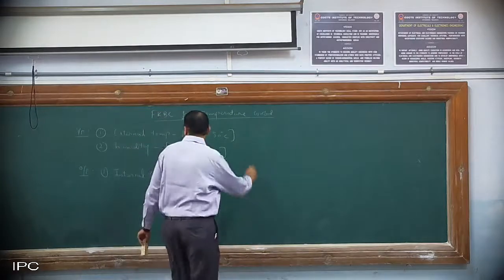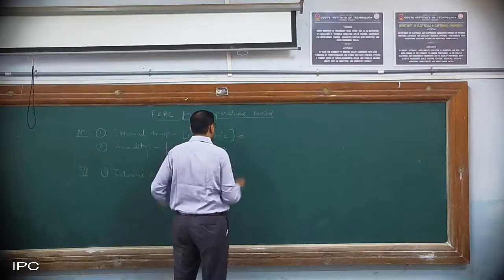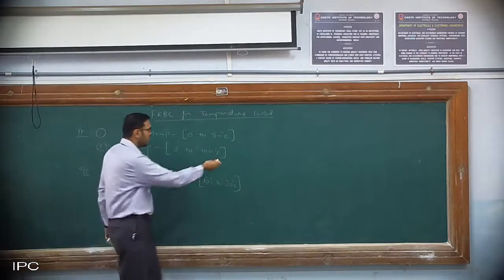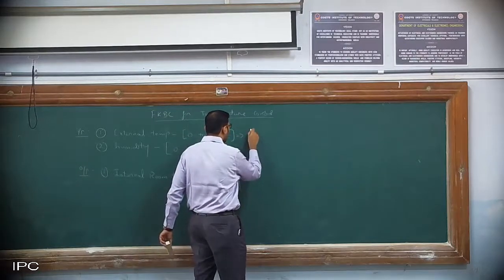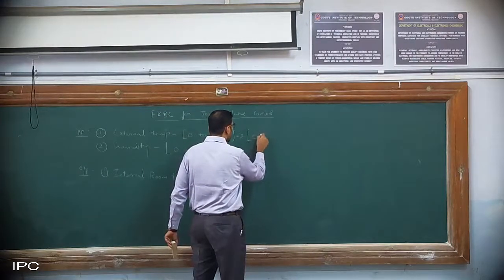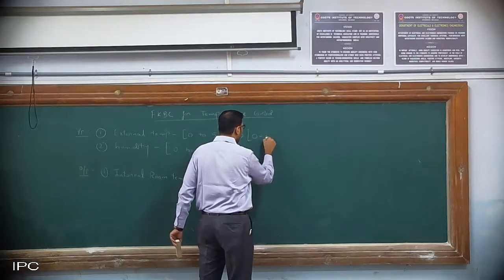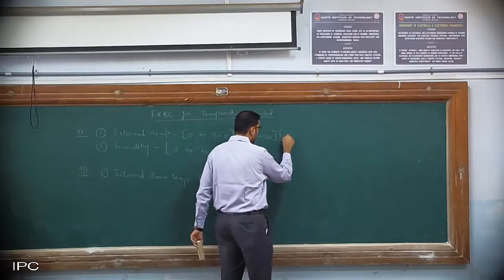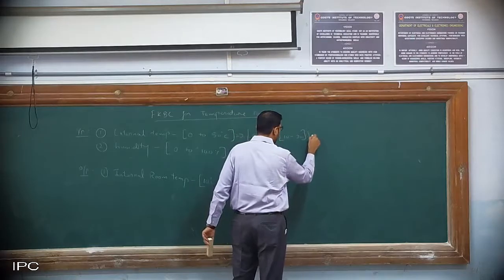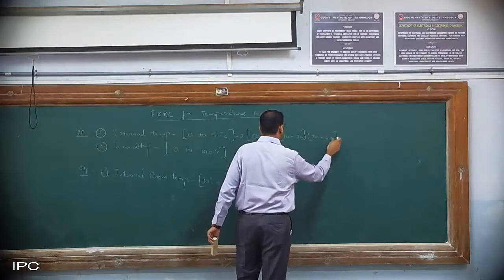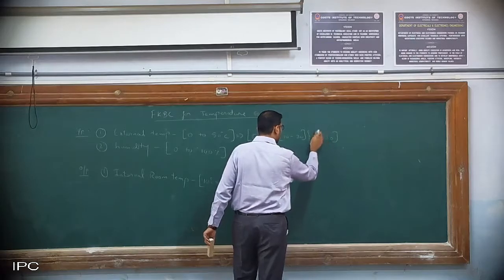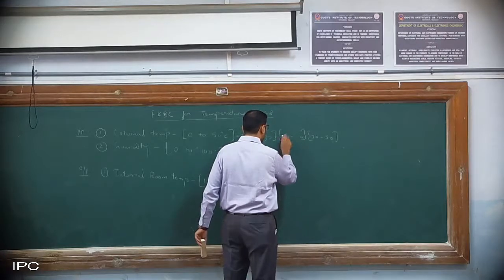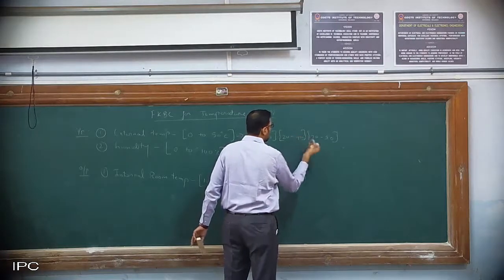First we'll draw it and then we'll show you. In this case, we can say 0 to 20, then 10 to 30, and then 20 to 40, 20 to 50, 30 to 50.